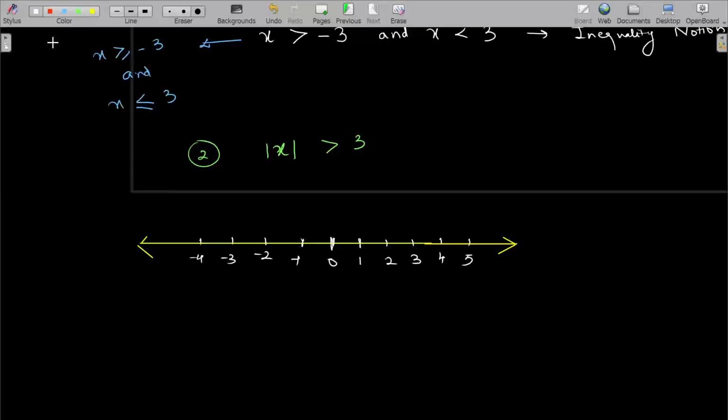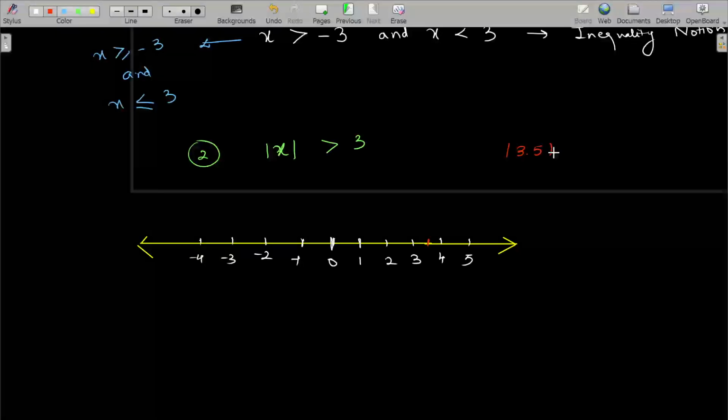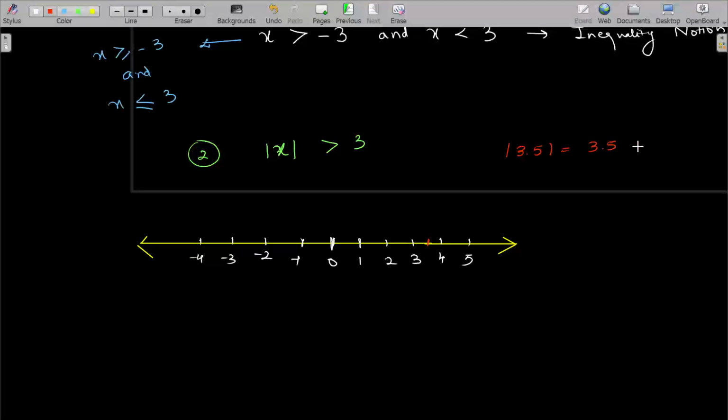But you just missed one thing, that you said that we should take from 4. But what about the numbers which are between 3 and 4, like 3.5, 3.6, 3.7? Let's say here is a number 3.5. If you take absolute value of 3.5, which is going to be 3.5, that is also greater than 3, right?